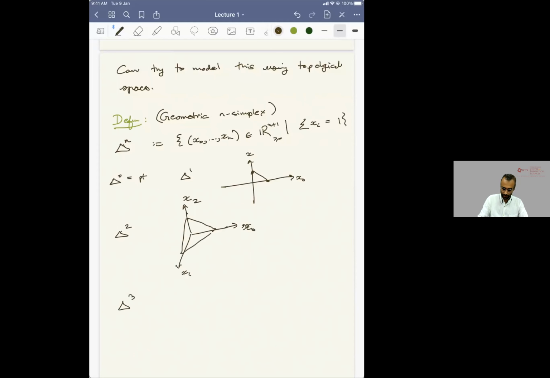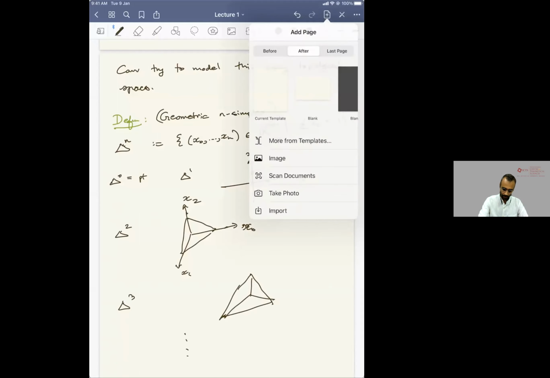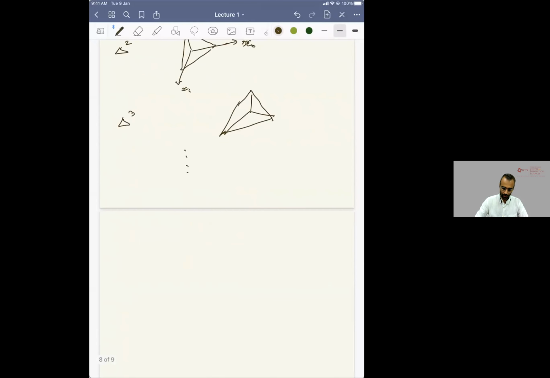I won't be able to draw it sitting in a higher dimensional space, but let me just draw a picture of what Delta 3 looks like. It's a tetrahedron, and so on. Okay, so Delta n is this topological space for every n, and now I can ask what a map from Delta n into my spaces is. So let X be any topological space.